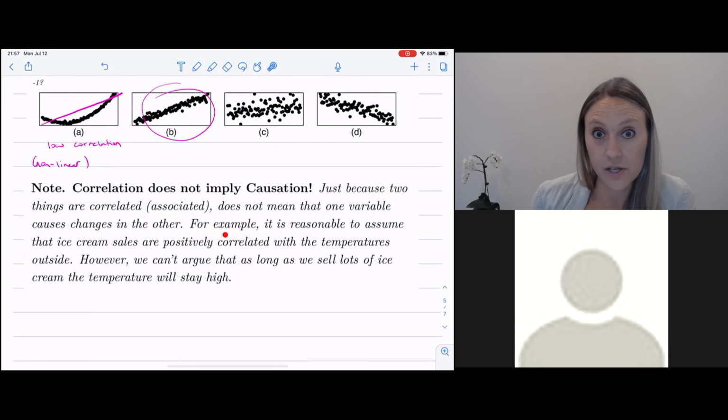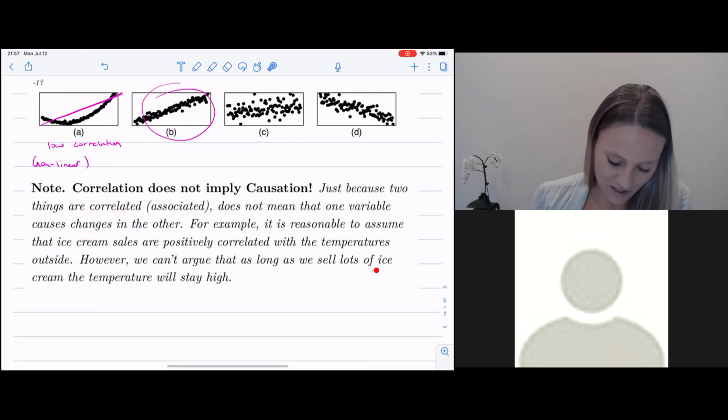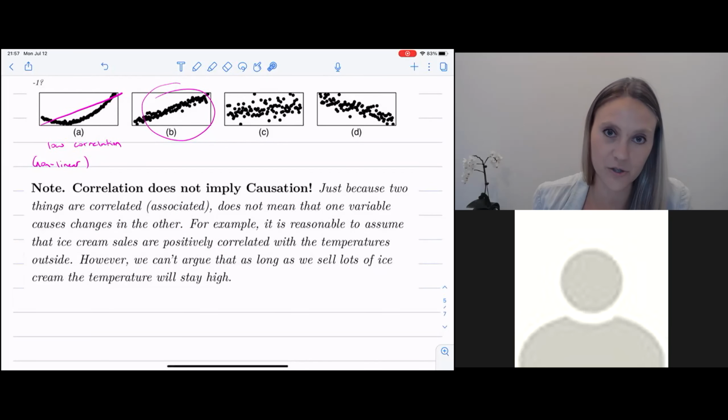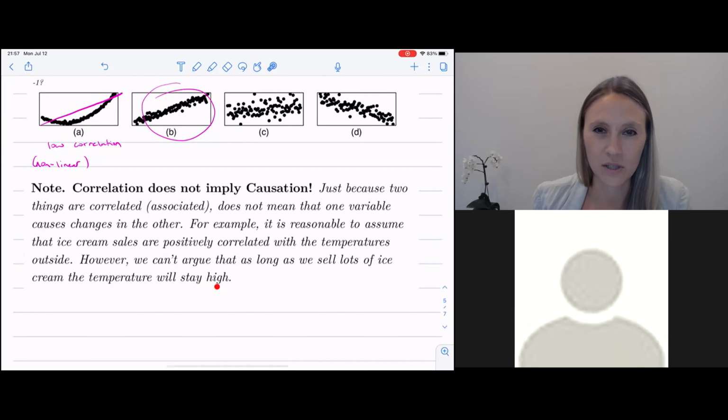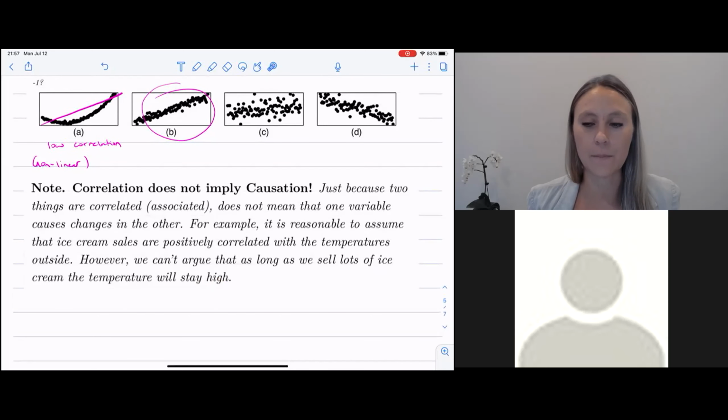So it's reasonable to assume that ice cream sales are positively correlated with the temperatures outside. However, we can't argue that as long as we sell lots of ice cream, the temperatures will stay high. That's not really how it works, right? And there are lots of other examples. And I've actually had times where I'm driving and listening to the radio and they're claiming causation just because there's some correlation.